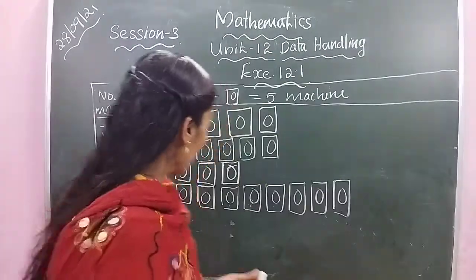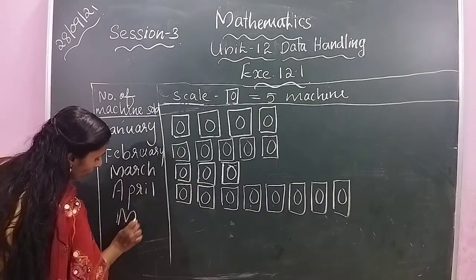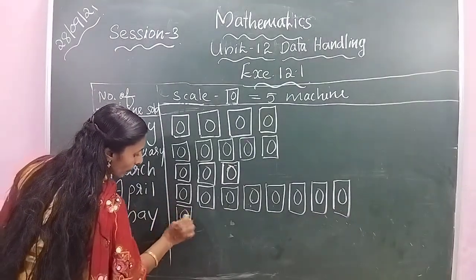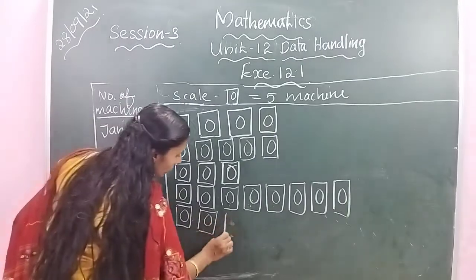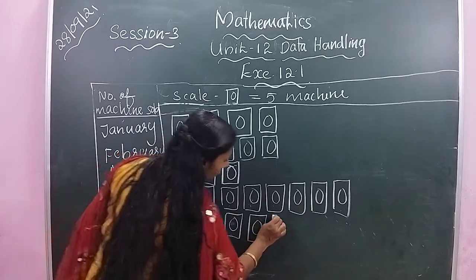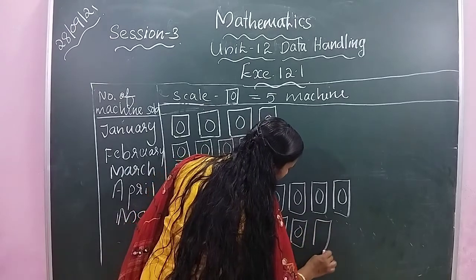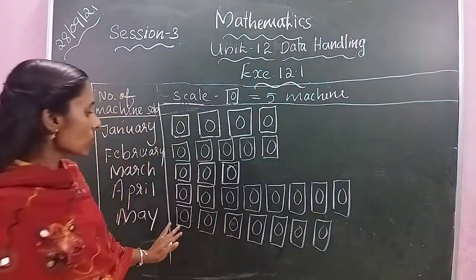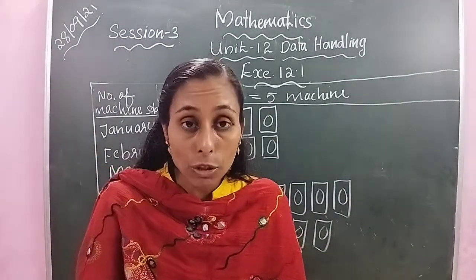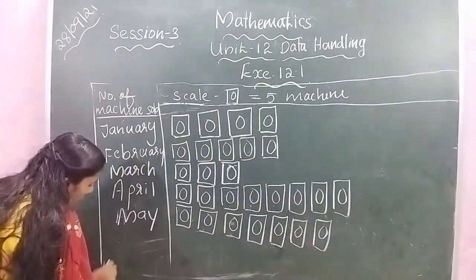One symbol represents 5 machines, so to represent 35 we should draw 7 symbols. 1, 2, 3, 4, 5, 6, 7. Here, 7 symbols. Next one, June. How many symbols should be there? In June, 25 machines sold, so 5 symbols should be there.